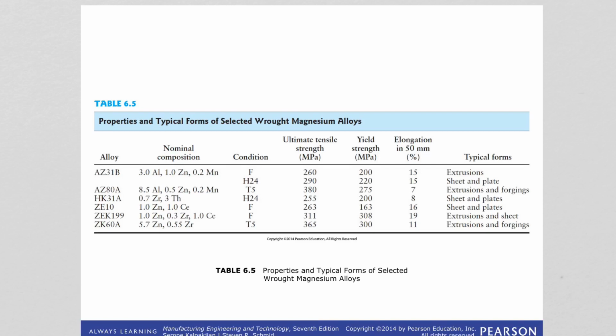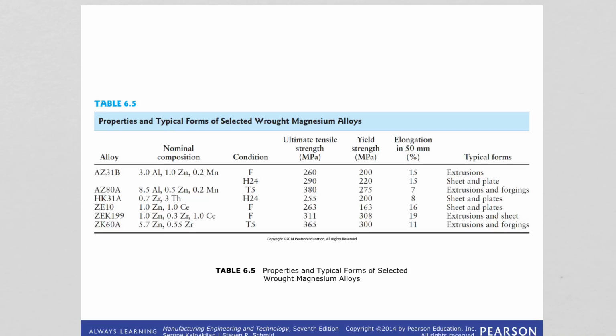For example, A is aluminum, Z is zinc, or H is thorium, etc. These letters represent the main elements in the structure.